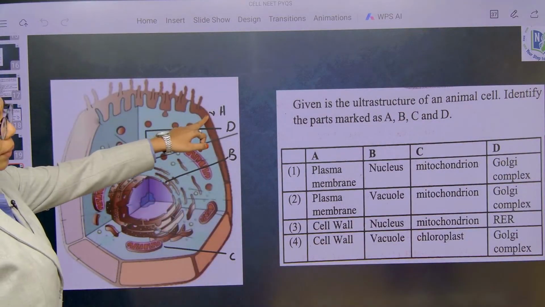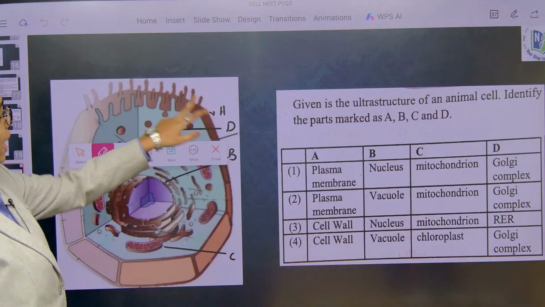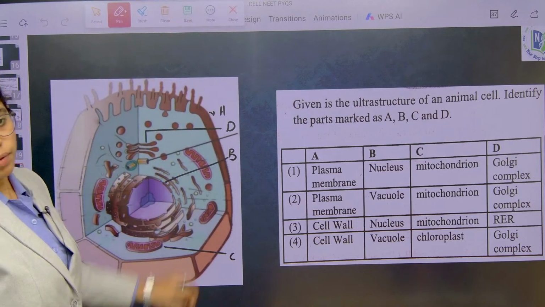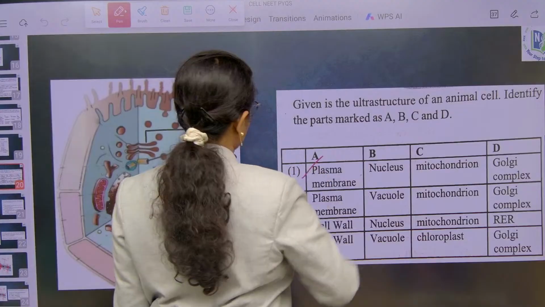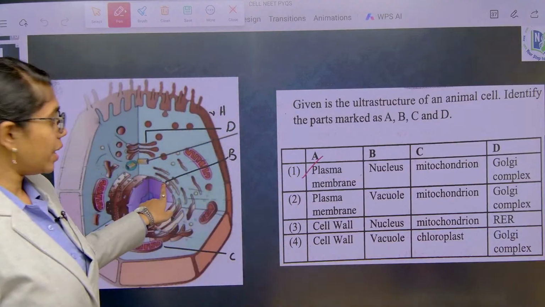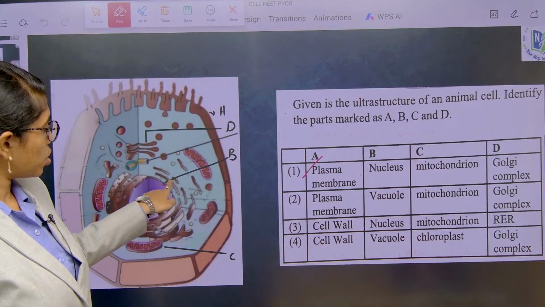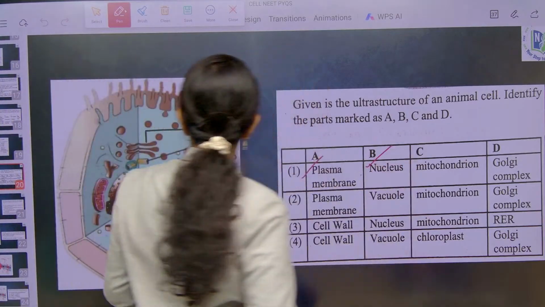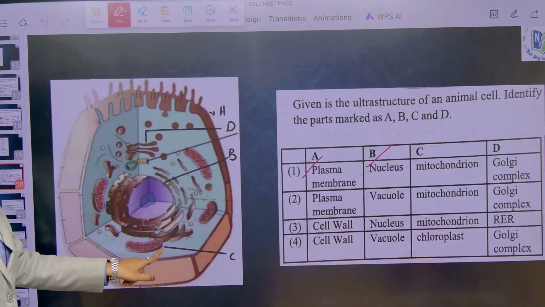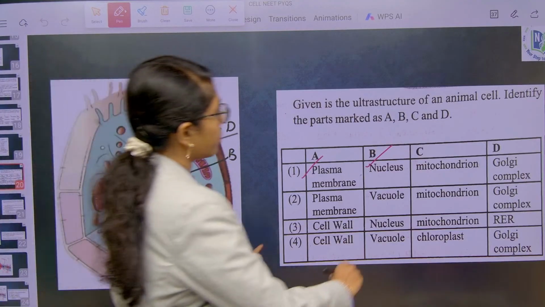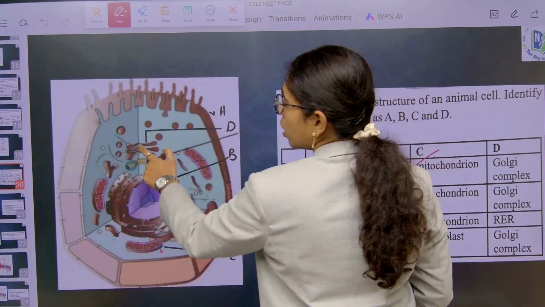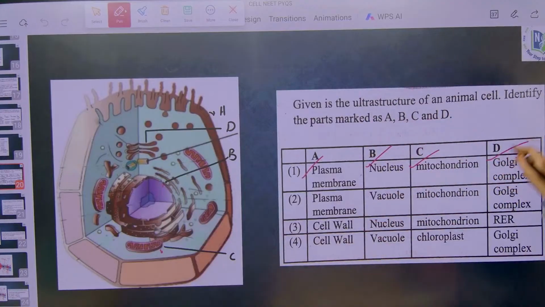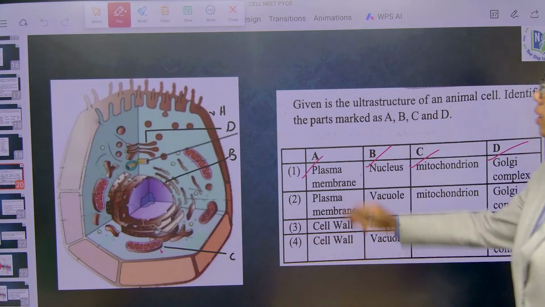A is the outer membrane only, which is plasma membrane, as this is an animal cell. Cell wall will not be there. So yes, it is plasma membrane. B will be nucleus itself. The labeling is not here, it is here. It is nucleus. C, if you see, it is mitochondria. And D, Golgi bodies. Got it? Next.